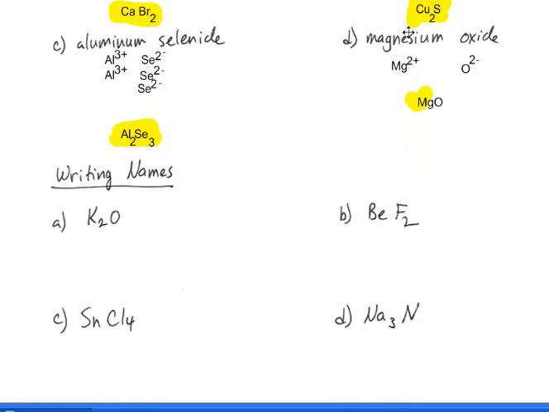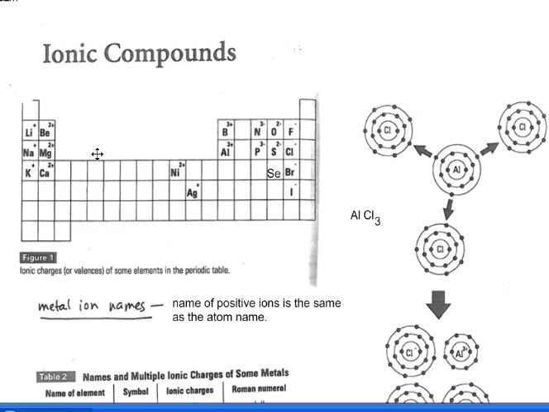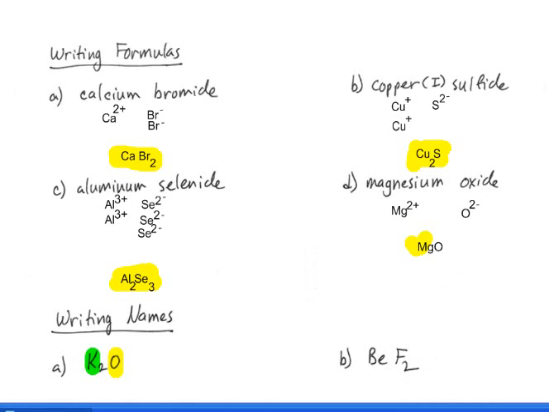You just simply have to identify what you're given and then simply find the name. So here we have K2O, and don't get confused here. What is the 2 here? Well, if you look back at why the 2 is there, potassium is +1, and what's the other one here? Oxide.